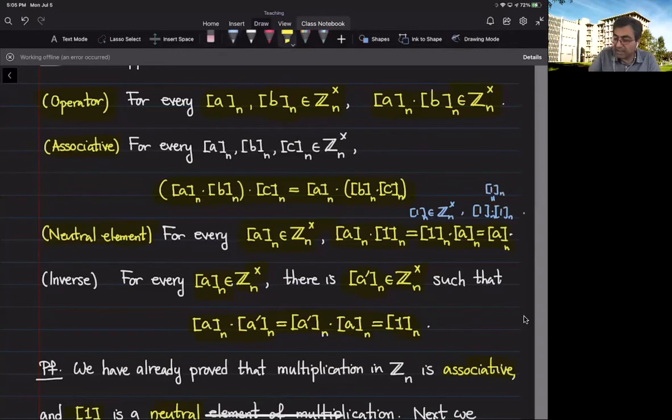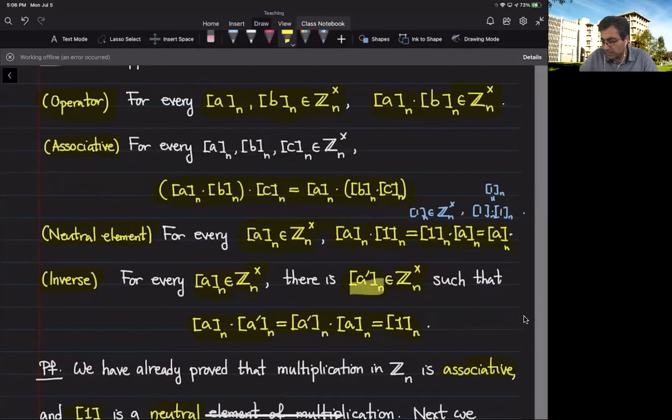And finally, every unit has an inverse. This is kind of a subtle point. By definition, of course, every unit has an inverse in the set of integers modulo n. But here we are pointing out that this element is not only an integer modulo n, it is a unit in the set of integers modulo n.